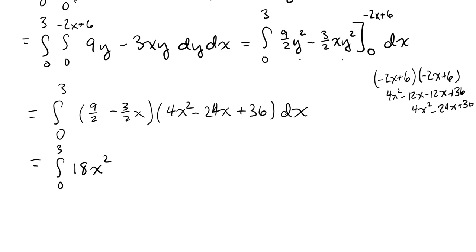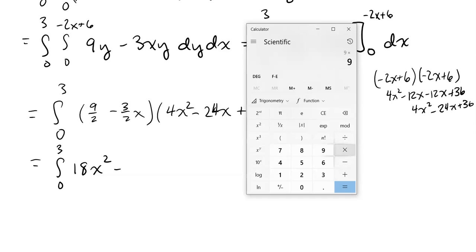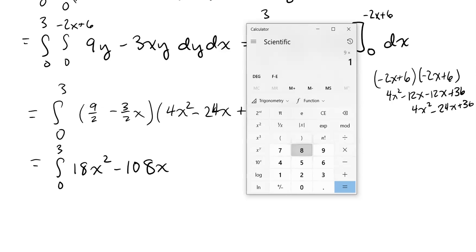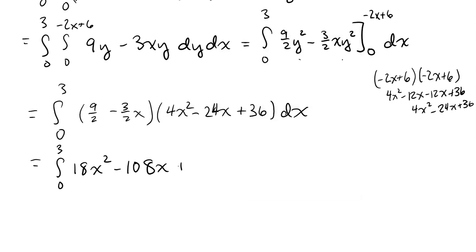So we'll have 18x squared minus 9 times 12, let's just grab the calculator. 9 times 12 is 108. So 108x, and then 9 times 18 is 162. And then minus 3/2 times 4 is really going to be 3 times 2, so minus 6x cubed.